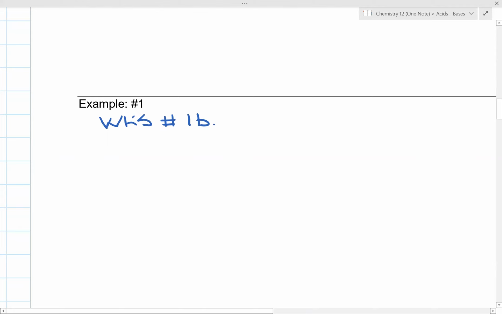State whether the salts are acidic, basic, or neutral in solution. Now, in this case, you are given K2CO3. They're asking you if it's acidic, basic, or neutral.